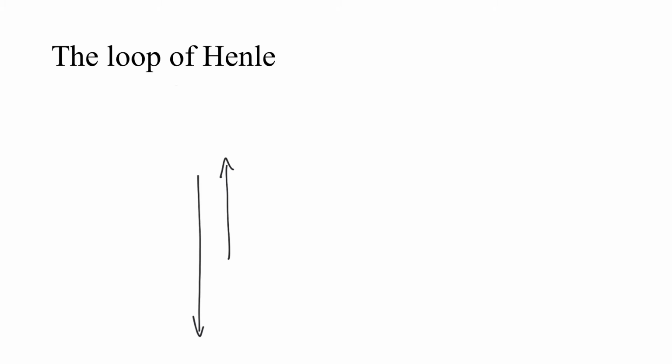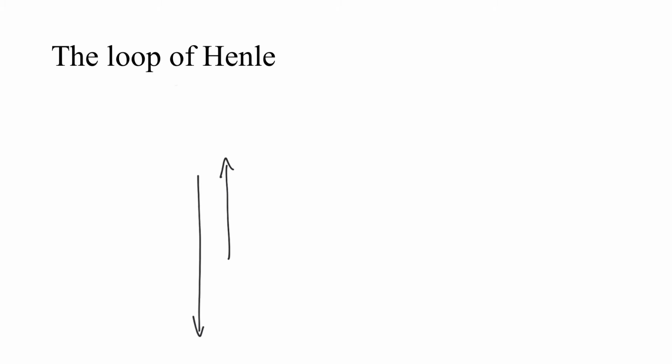When we start moving up the ascending limb, we've got a highly concentrated solution, which is why we see at the very, very base, and this is actually only for a very small area, a small amount of passive transport of sodium and chloride ions out. But then as you travel further up, we rely on active transport of sodium and chloride ions.